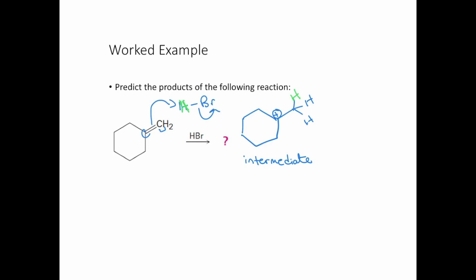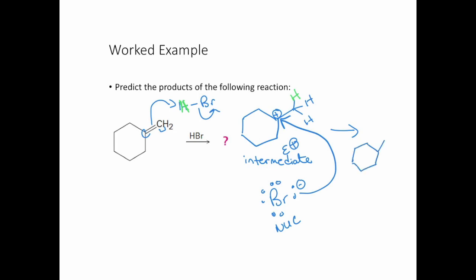And now I have bromide floating around that's negatively charged. So it's now going to be my nucleophile in the second step, and this is my electrophile. So now it's going to add into that carbocation, so it will donate its 2 electrons, and then you form this product.